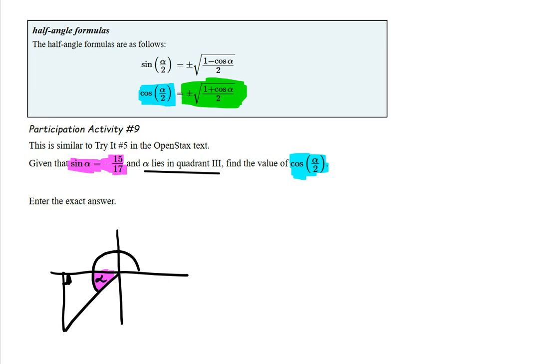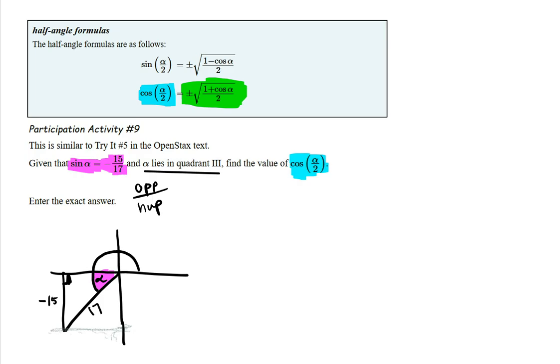And sine is opposite over the hypotenuse. The opposite is negative 15, which makes sense because when you're right here, you're at negative 15 on the y-axis. So the hypotenuse would be 17.